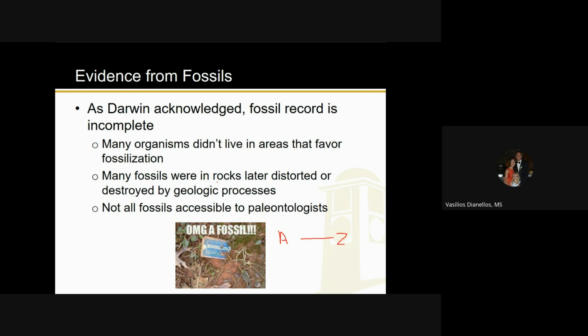When the subcontinent of India crashed into Asia, any rocks at that border were obviously getting crushed. And likewise, not all fossils are accessible to paleontologists. There are fossils at the bottom of the ocean that we just can't get to, for example. That's just one example. So the reason we are missing links from ancestor A to descendant Z is because the fossil record is incomplete.